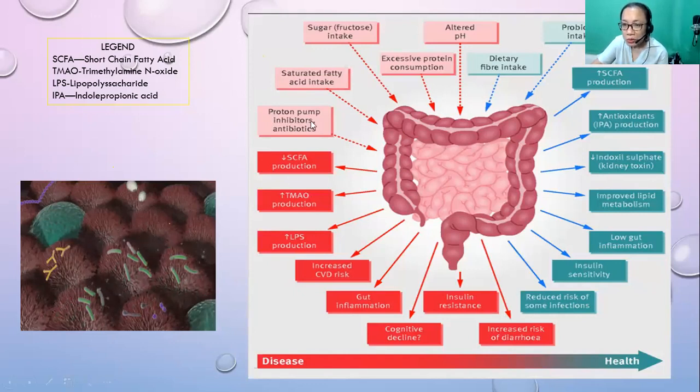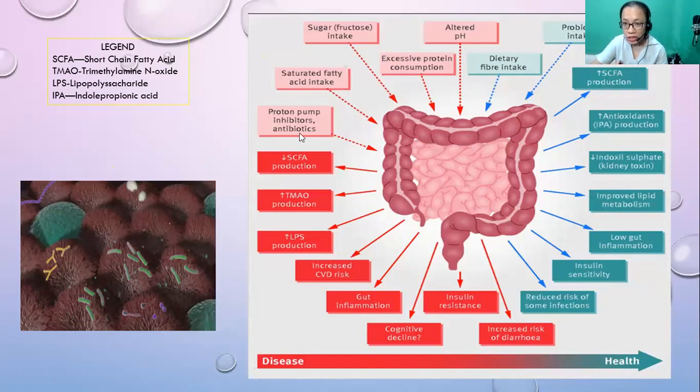Proton pump inhibitors, or also known as the antibiotics. Most of the antibiotics that are being prescribed for bacterial infection are the broad spectrum antibiotics, meaning to say, they can actually kill or inhibit the growth of all forms of bacteria, including the good bacteria in the gut.